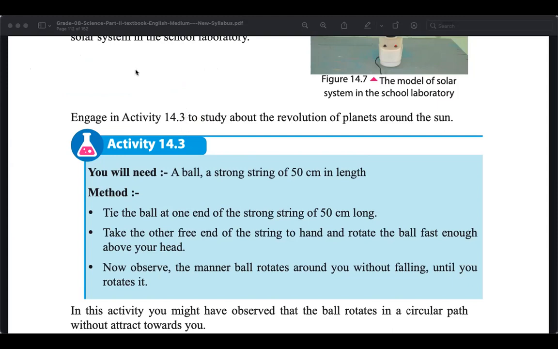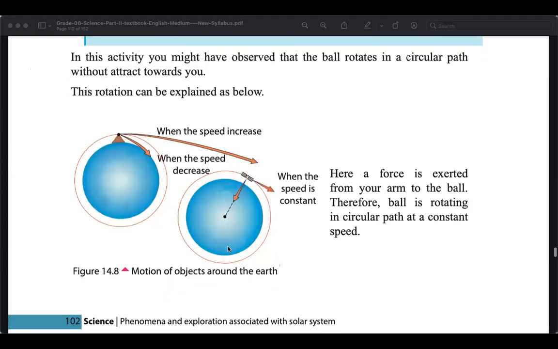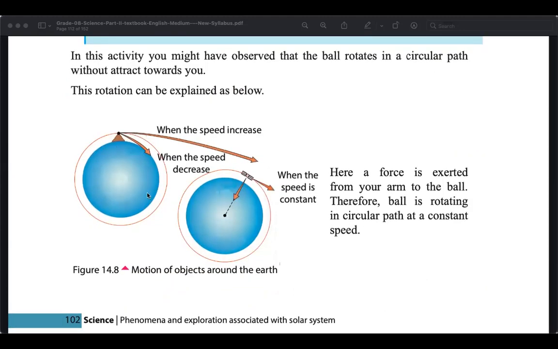But one thing: if it is too fast, there is a possibility for it to move away. The force will no longer be able to keep that planet stable if you are rotating too fast. But if the rotation is too slow, then it will fall down. So similarly, because of this constant speed of rotation, it remains without falling down.